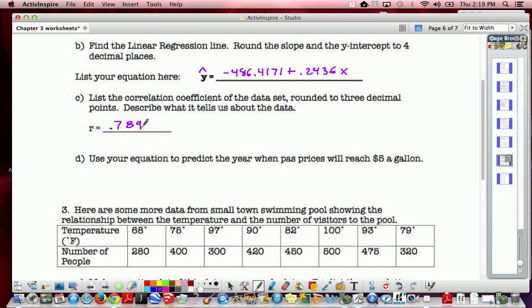So what it tells us is our sentence should go something like this. We have a, now is it weak or strong? Since it's above 0.5, we're going to say strong. Our slope is positive, so our correlation also here was positive. So we have a strong, positive, since we're talking about lines, linear relationship.